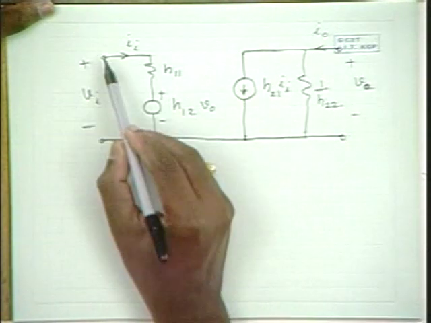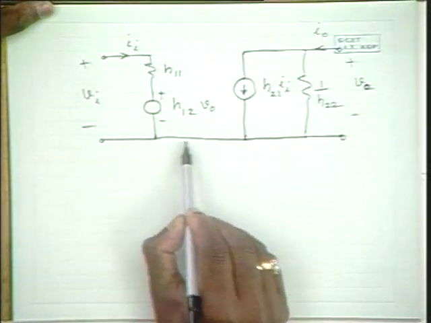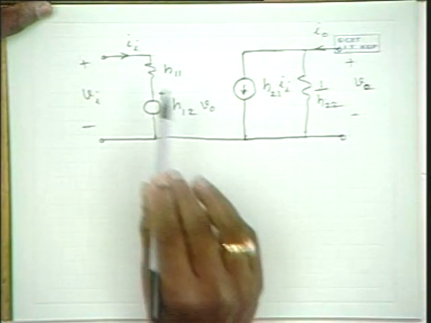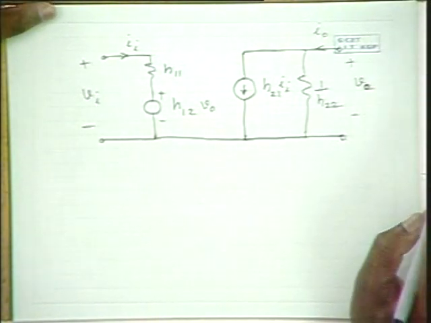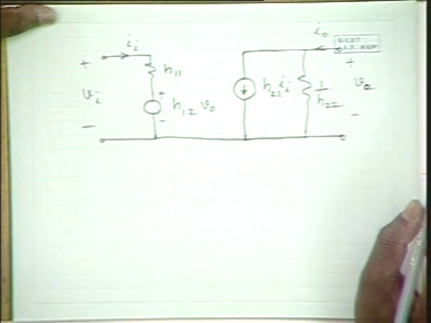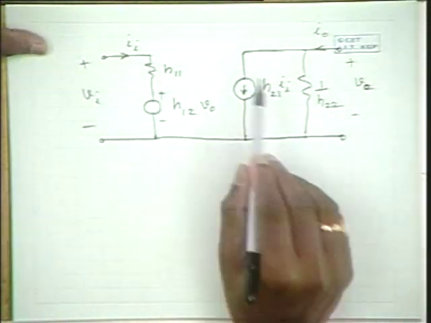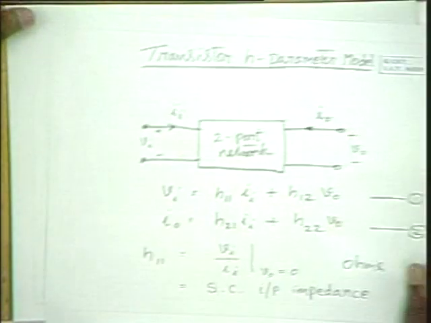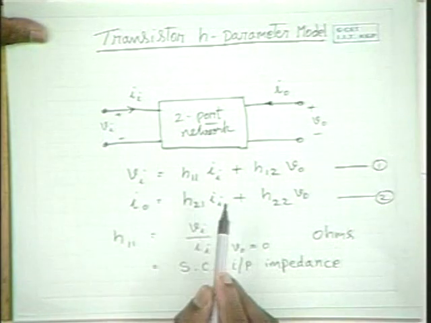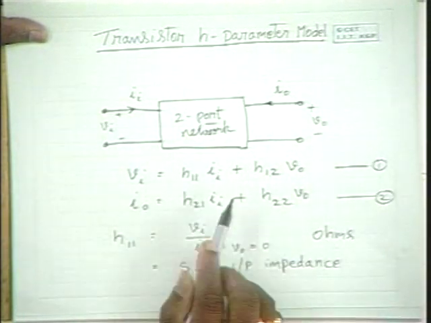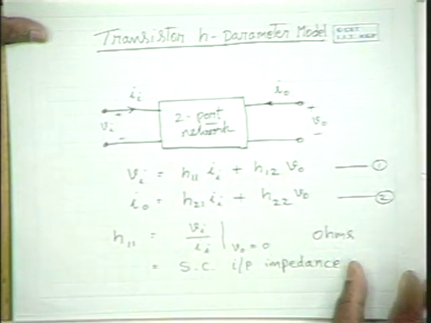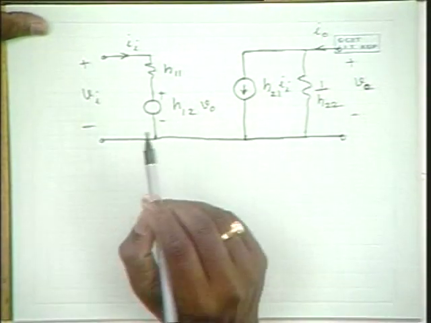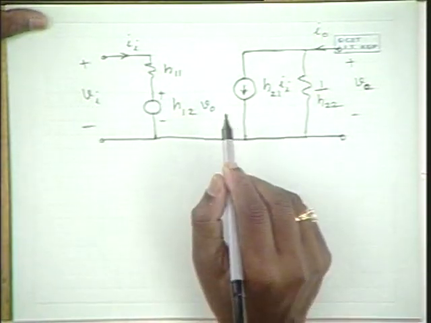Since there are only three terminals, naturally one terminal is common, and it appears like this. This is an equivalent network to represent these equations. Hence, a transistor circuit for AC analysis can be represented in this network form.